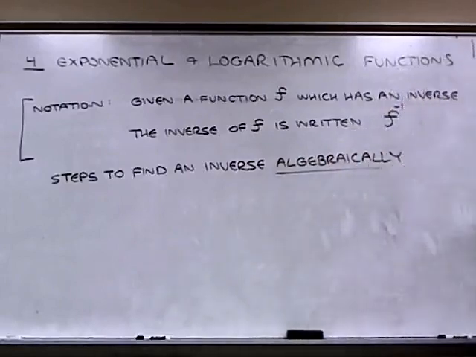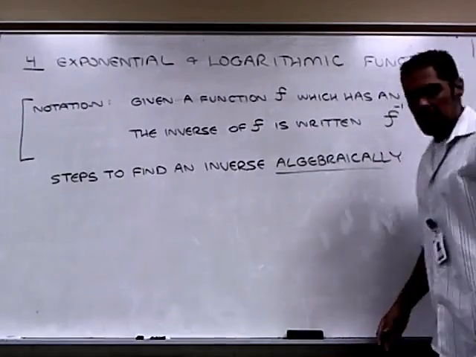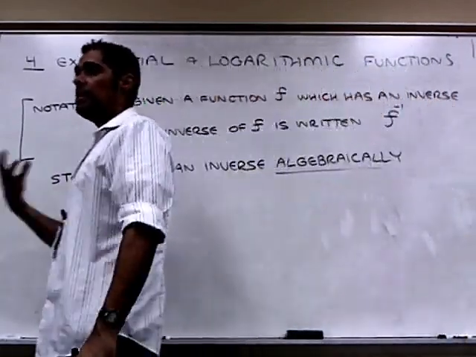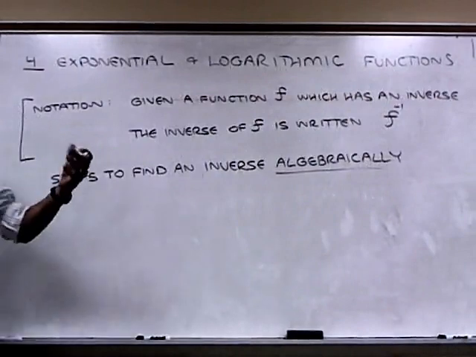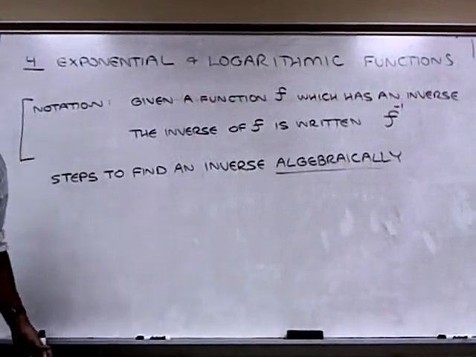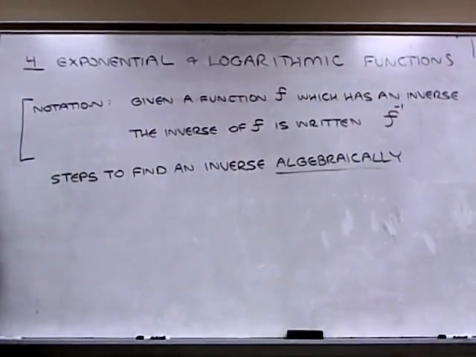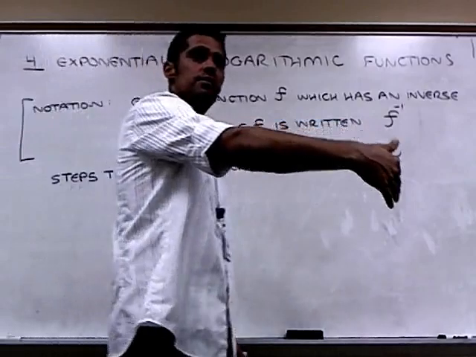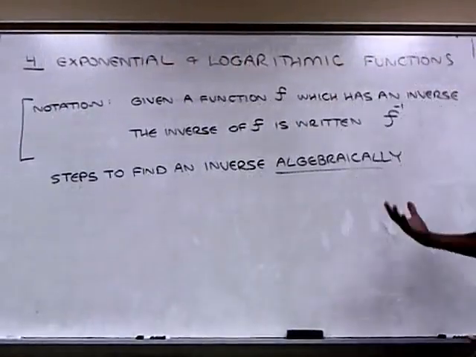Algebraically meaning, how do we do it by hand? We already did a couple of problems where I gave you the graph, right? And you could tell me yes or no, it does or doesn't have an inverse. But you weren't able to tell me what the inverse was. Now what we need to do is, if I give you a function, how do you algebraically go and find that inverse function? And here are the steps, okay?